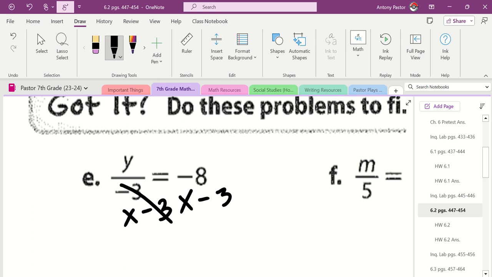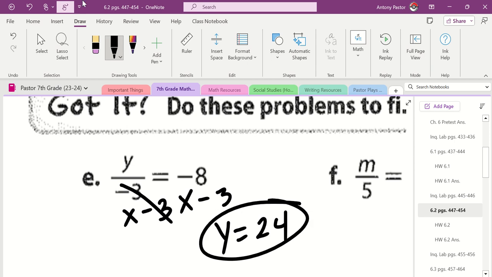Quiet hands then. -8 times -3. What will that be, Olivia? Hang on. Okay, she's got it. There you go. So y equals positive 24.